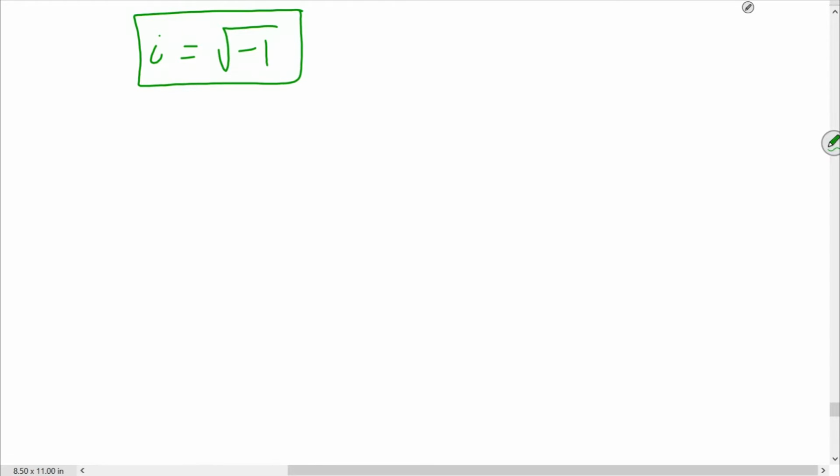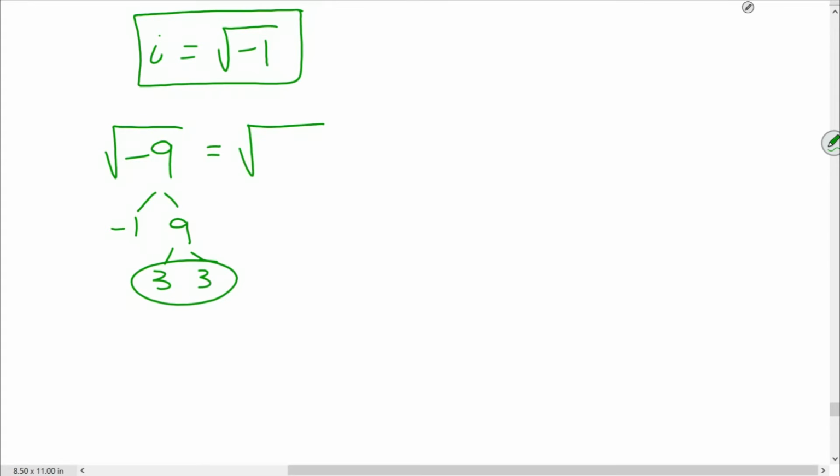So the example I gave earlier with the square root of -9: we know from factoring that I have -1 times 9, and 9 is 3 times 3. 9 is a perfect square, so I can write this as the square root of 3 times 3, which is 9, times the square root of -1. But we have decided that this lowercase i is going to stand for the square root of -1 because we use it a lot and because it's simpler to write i as opposed to the square root of -1.